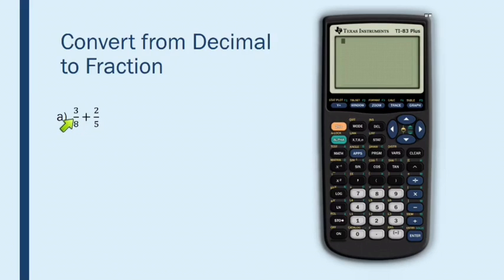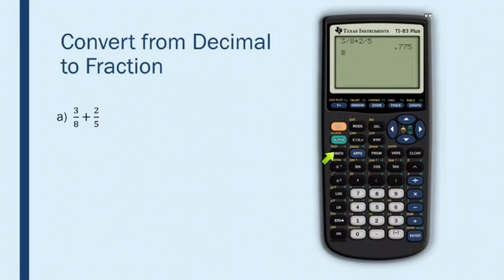Now you know that the fraction bar in a fraction is nothing more than the division operation. So we can just say 3/8 plus 2/5, enter, and you can see that the result is 0.775. But suppose that I need this in fraction form. It's very easy to do, but it's not obvious. So that's why I'm showing you.